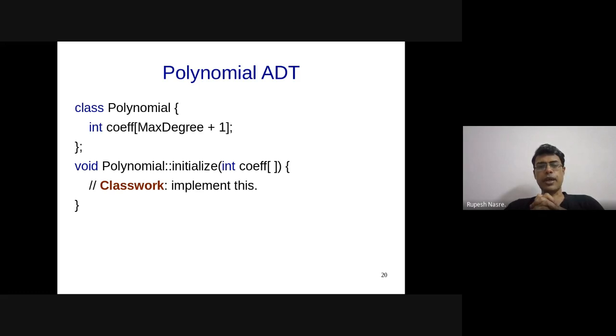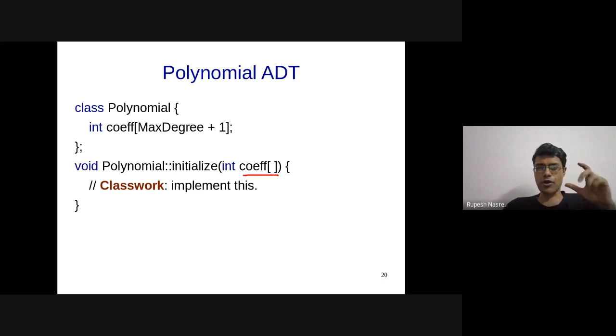Because the parameter that is being passed to initialize, this parameter coefficient, is a local variable to initialize, right? It's being just passed, so it's a copy of the pointer, but you would like to store that inside the class so that other functions can make use of it. So therefore we'll have to store it, right?